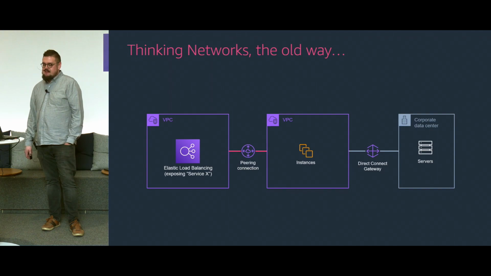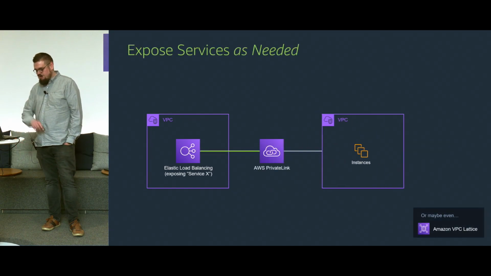But again, it's still a lot to think about. If you're just exposing a few services, you have to think about this whole low-level networking stuff. So again, if you're exposing just 1 or 2 things from one single VPC, use Private Link. Or maybe in the future, VPC Lattice. I haven't looked into that much, but it seems interesting at least.